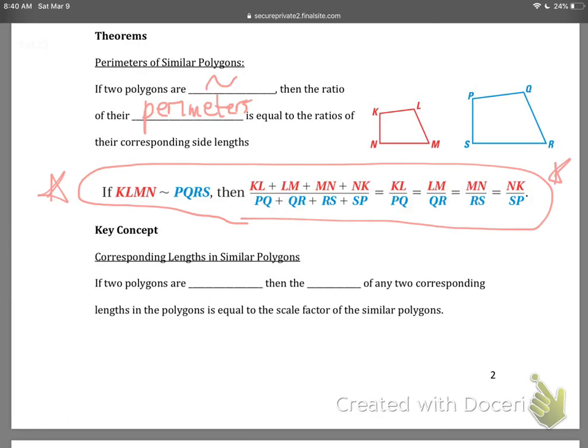So if two polygons are similar, and here's the similar symbol, then the ratio of any two corresponding lengths in the polygons is equal to the scale factor of the similar polygons. Okay, so that ratio is your scale factor. Okay, let's go on to the next page.